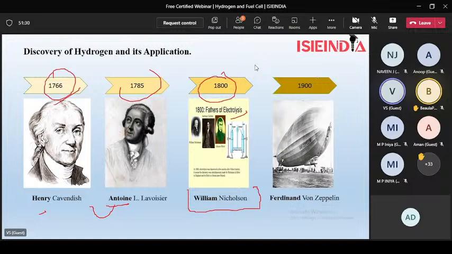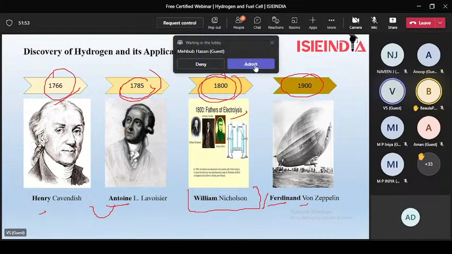Now in 1900, hydrogen was used in a hot air balloon by Ferdinand, and this was used in Germany. So we can see when hydrogen was first found and named, and then in 1800 its production technique was introduced and its application started.